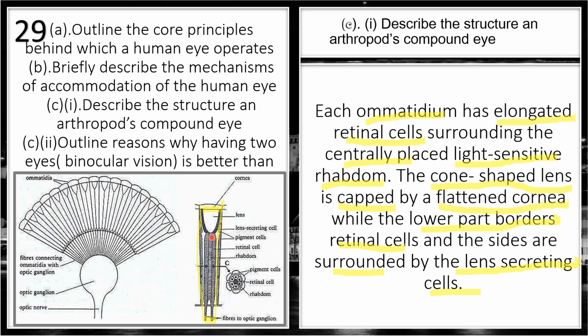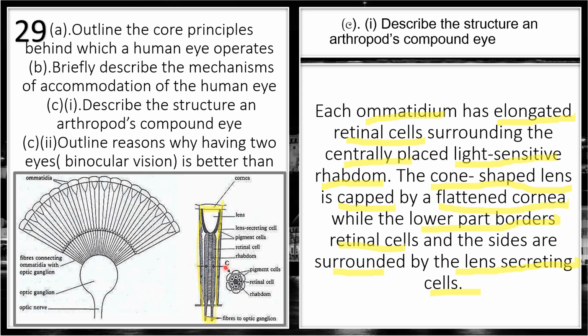And then outside it, we have the retinal cells. The retinal cells outside it. And then the pigment cells are the ones outside.